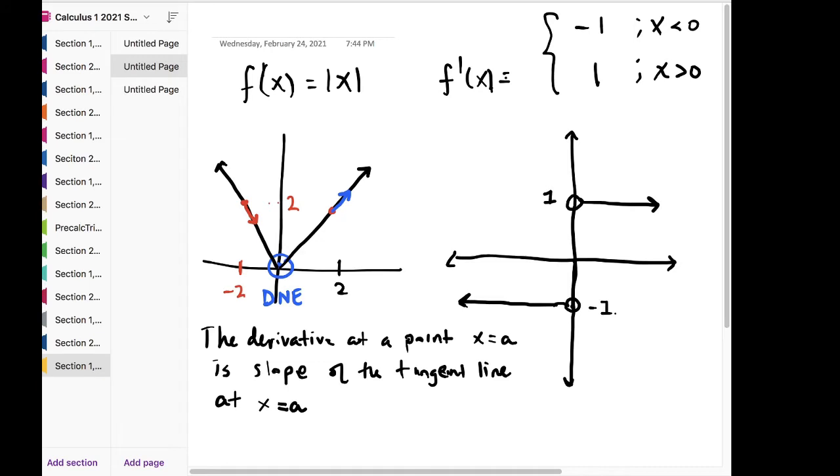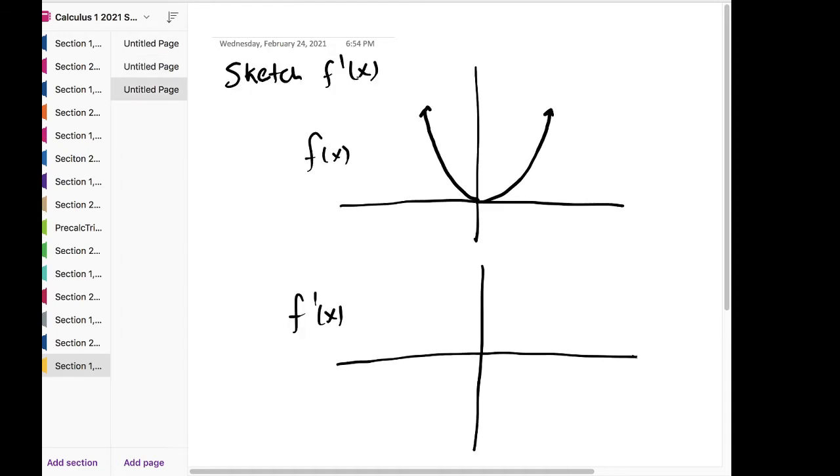Okay, so let's do another sketch. I have this graph of this function, and let's say I want to sketch what the derivative looks like. Let's do the same thing. Draw the tangent line here. And now tell me, is the derivative positive or negative there?